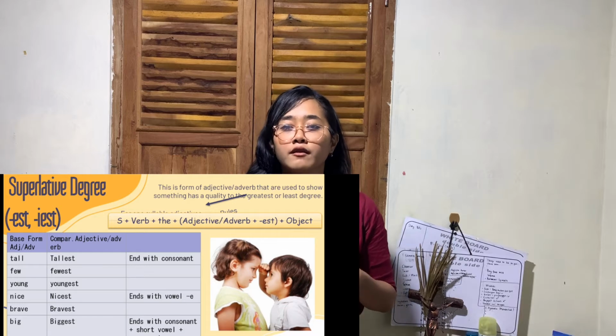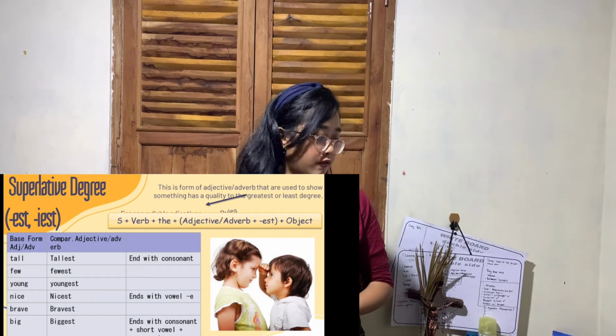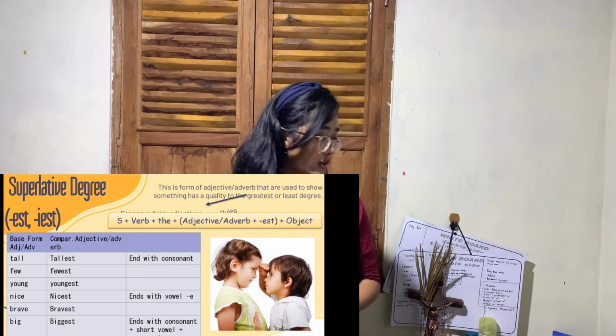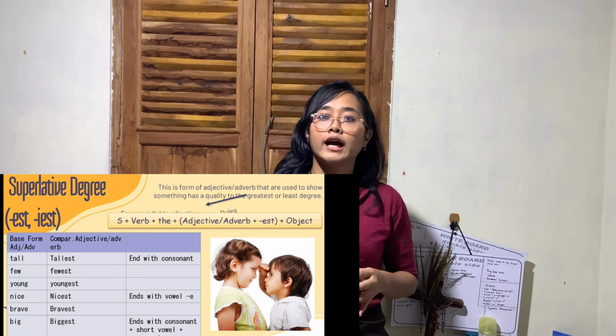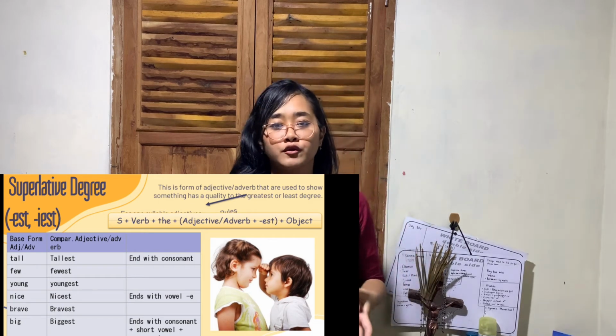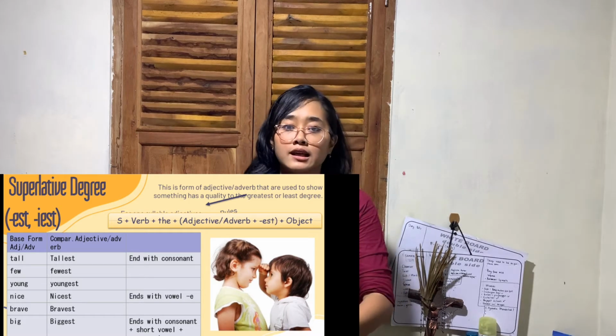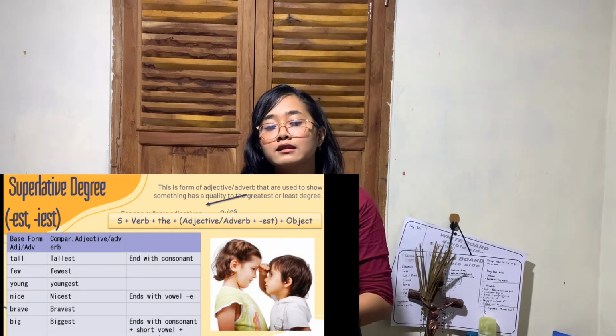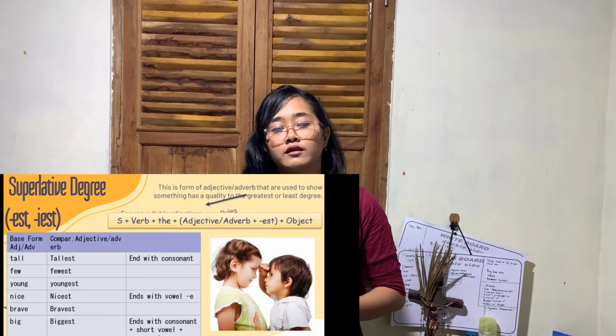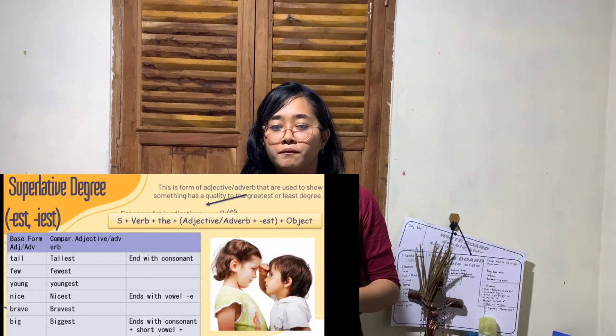It's about the very most of something or someone compared to the others. The basic rule is that we add est, iest, or most to the adjective.